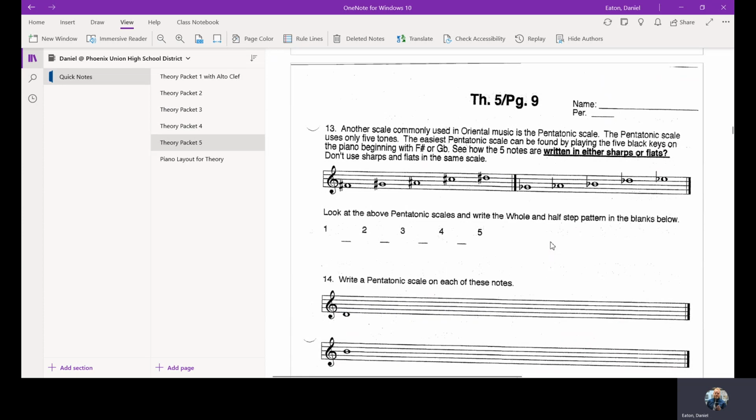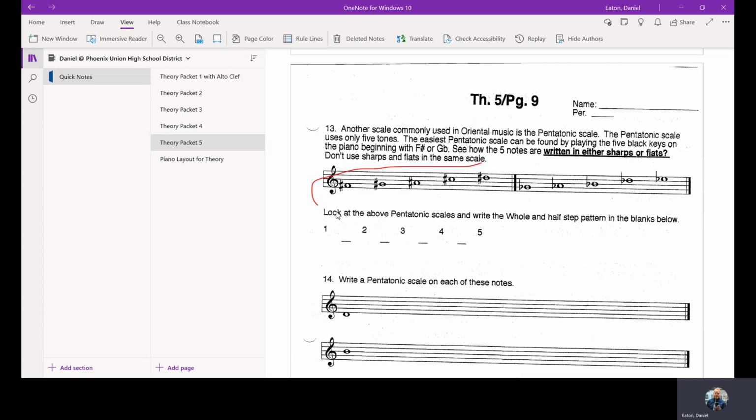Page number 9. Another scale commonly used in Oriental music is the pentatonic scale. The pentatonic scale uses only 5 tones, hence penta, 5. The easiest pentatonic scale can be found by playing the 5 black keys on the piano, beginning with F sharp or G flat. See how the 5 notes are written in either sharps or flats. Don't use sharps and flats on the same scale.